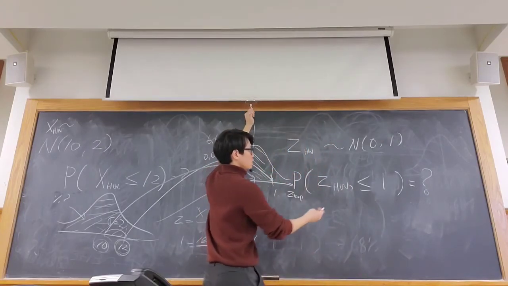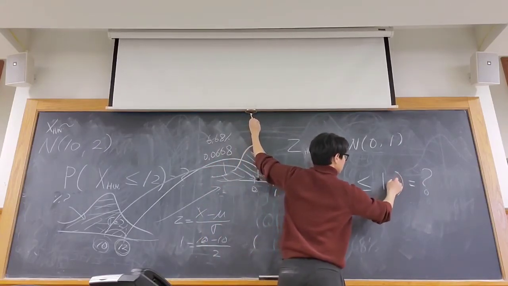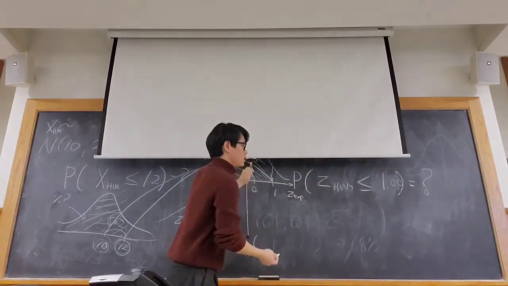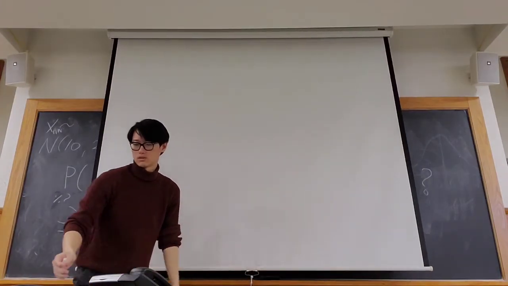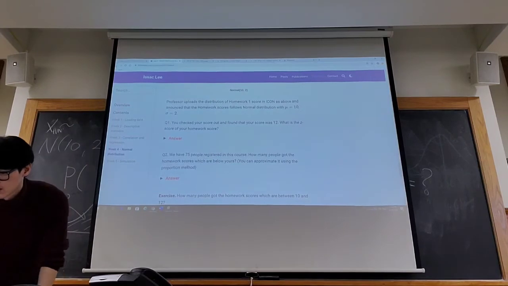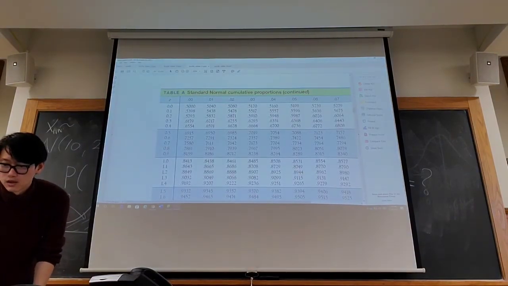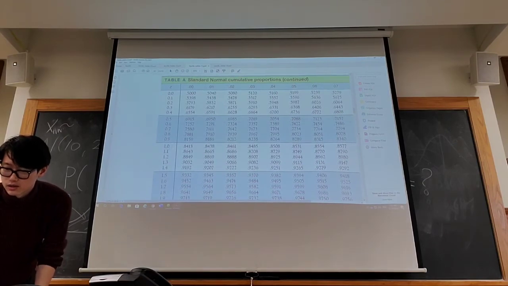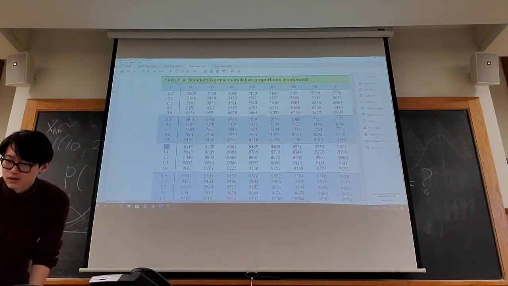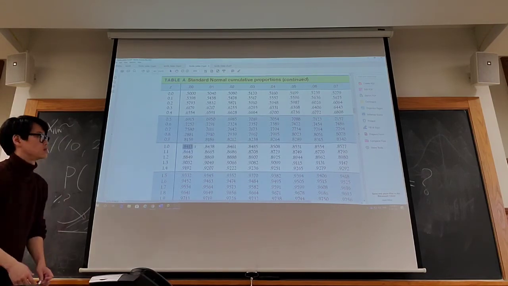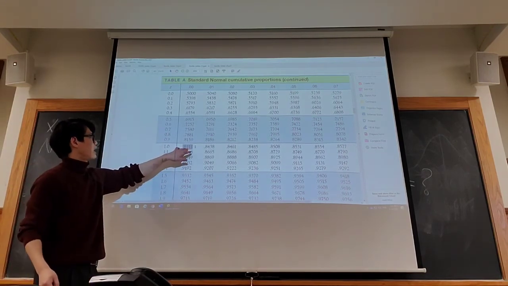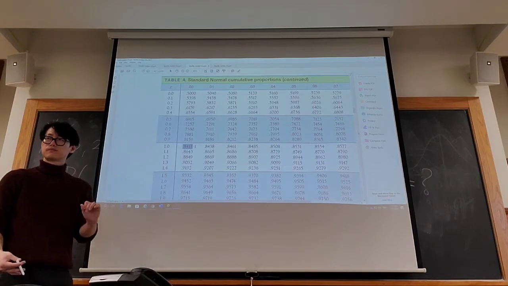I can just find the 1.0 row and the 0.00 column. So in the table, if you go to the 1.0 here, and then find the 0.00, we got 0.8413. Okay?